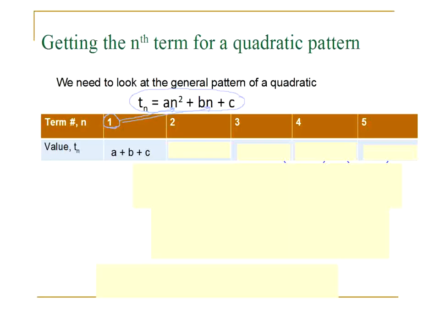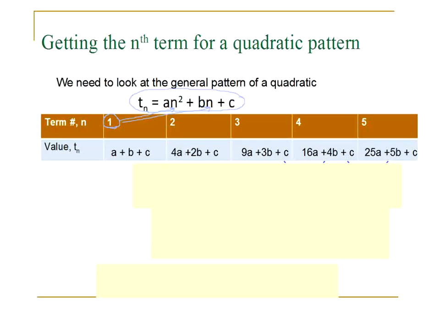The second term would be 2 squared is 4 times A is 4A plus 2B plus C. The third term would be 3 squared is 9 times A is 9A plus 3B plus C. The fourth term would be 16A plus 4B plus C. And the fifth term would be 25A plus 5B plus C.